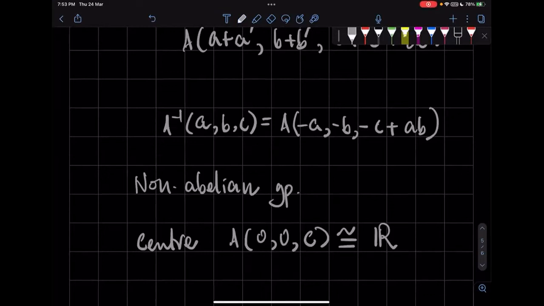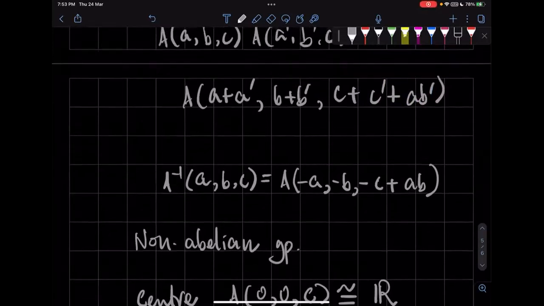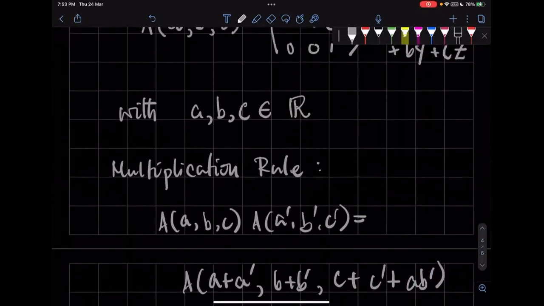People talk about the Heisenberg algebra a lot in quantum mechanics, but not the group. Sir, the non-abelian character isn't quite clear to me, because we multiply two elements and addition is commutative. So can we not think of that as the multiplication also being commutative?